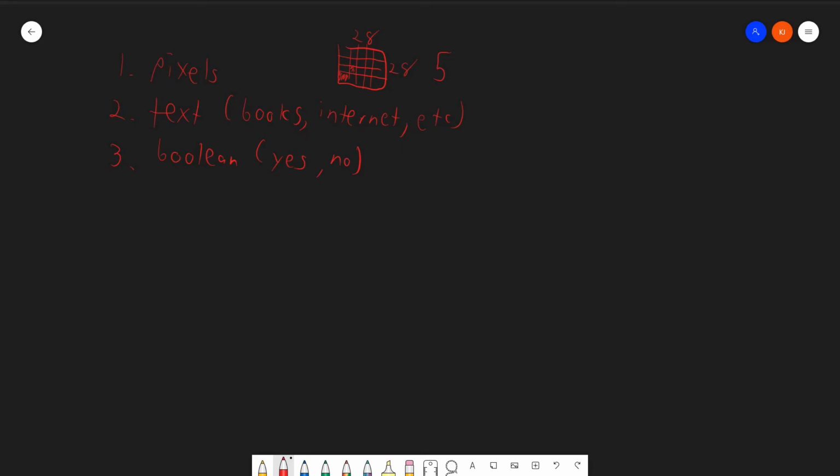You might have yes or no questions here, and those could be represented as a 0 or not a 0 for yes, but most likely it's 1 for yes and 0 for no, which is what you would usually want to use for that.